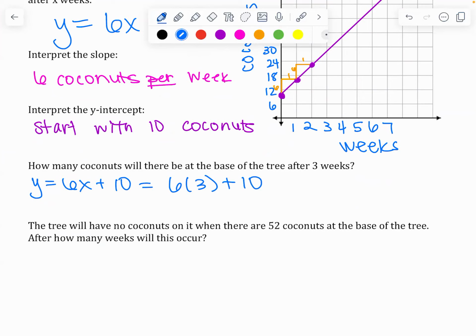How do you guys feel about that? So if I wanna know how many coconuts after 3 weeks, I can say 6 times 3 plus 10. How many coconuts? We have 28. It is 28 coconuts.